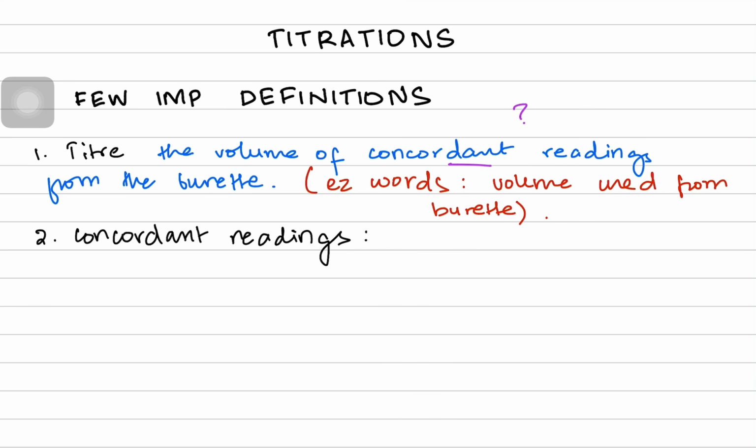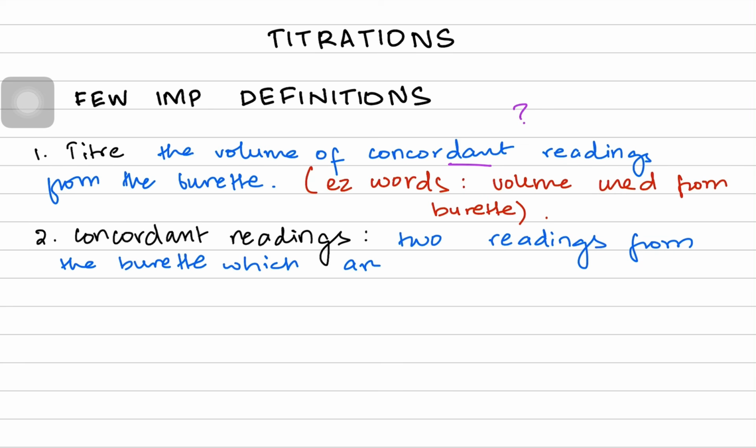When you are using a burette, you get the volume used for whichever chemical is in the burette. A concordant reading means two readings from the burette, any two readings from the burette, which are at least within 0.10 centimeter cube of each other.